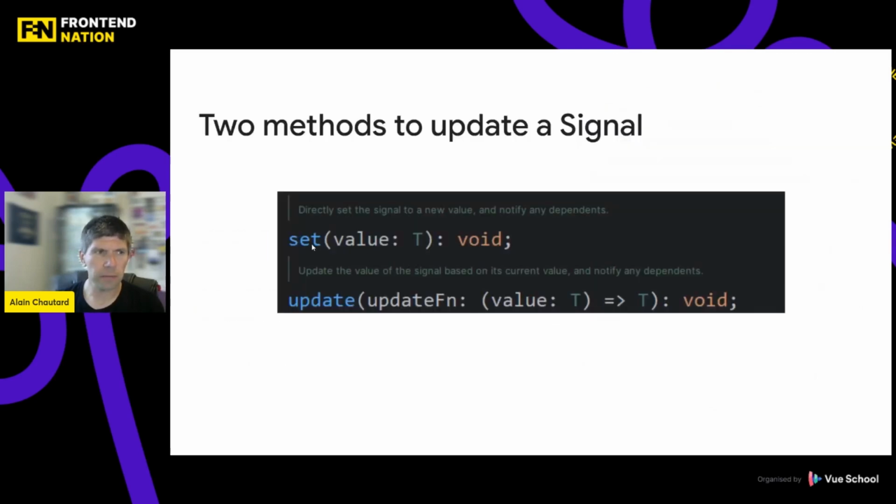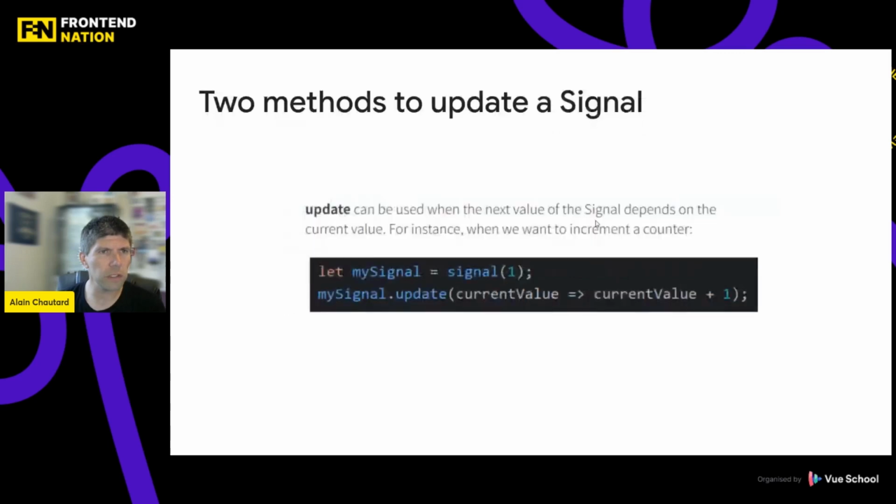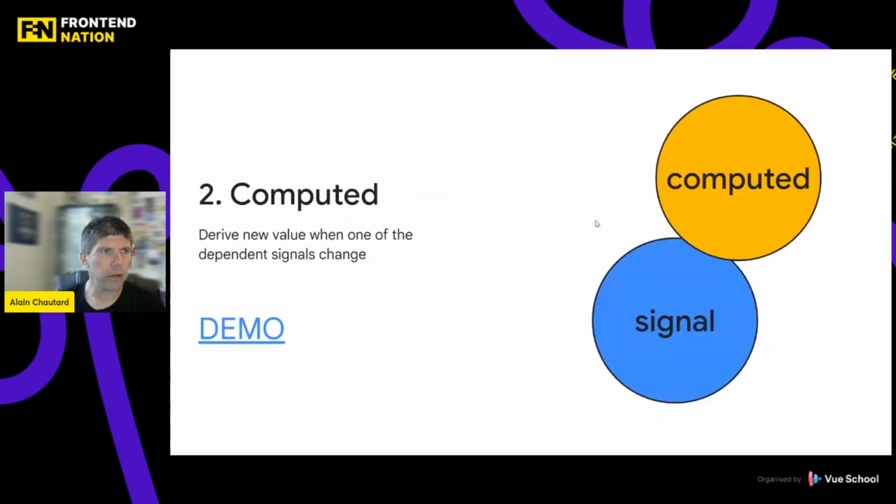So there's a set and an update method to change the value. In our case, I think we only need set, because we never derive a value from the current value. So set is the method we're going to need to call on our signals. And the other one that we are going to need, most likely, is computed.